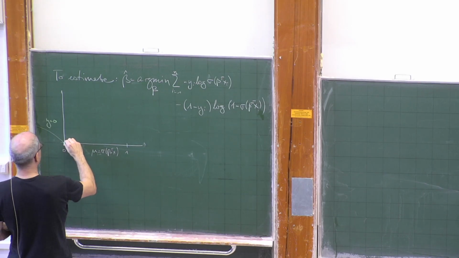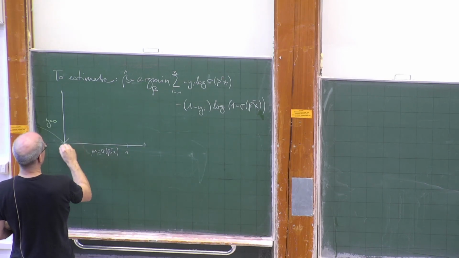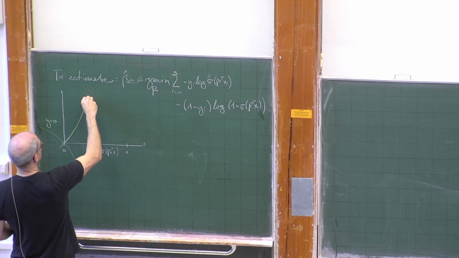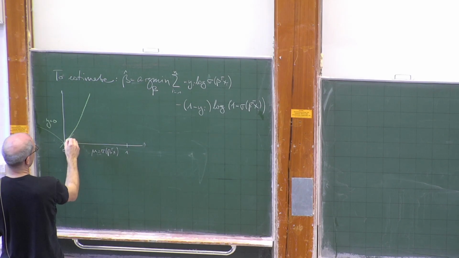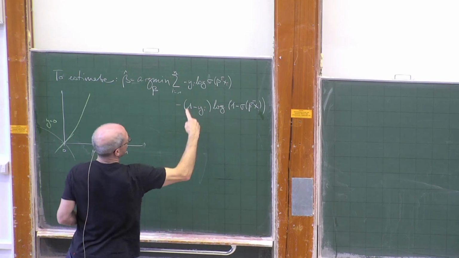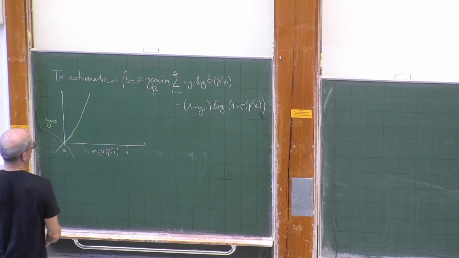So what we get is a slope of 1 here, and then something which increases faster than this slope of 1. It is this term which I'm plotting here.